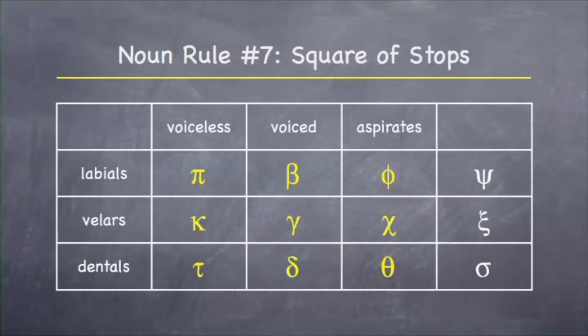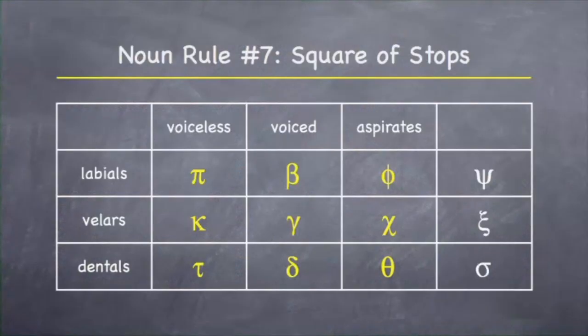It's going to be rewritten as a C. If a velar is followed by a sigma, it doesn't matter whether it's a kappa, gamma, or chi. That velar plus sigma is going to be rewritten as a C. And if you have a dental, doesn't matter whether it's a tau, delta, or theta, if you have a dental that's followed by the sigma, the dental simply drops out, and all that you have is the sigma. Okay, so that's what that final column is about.